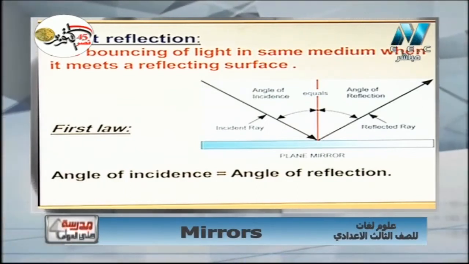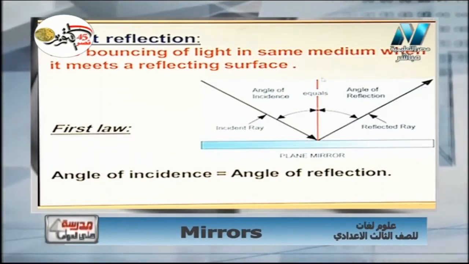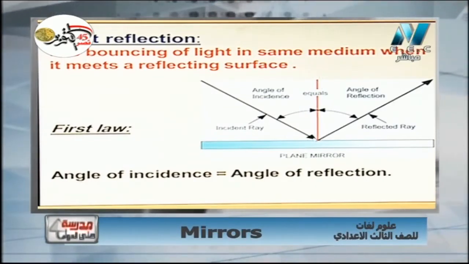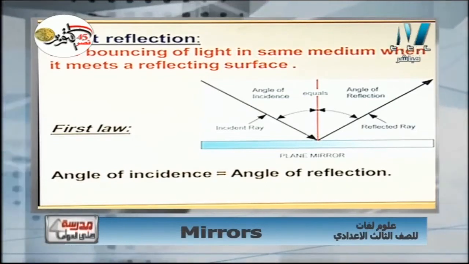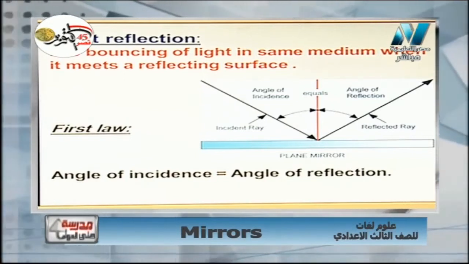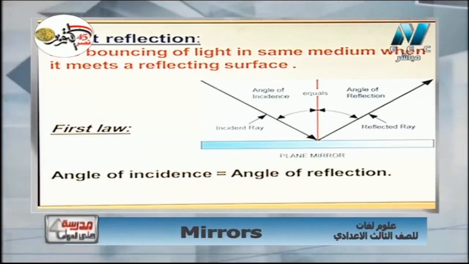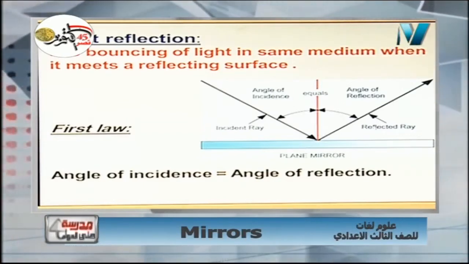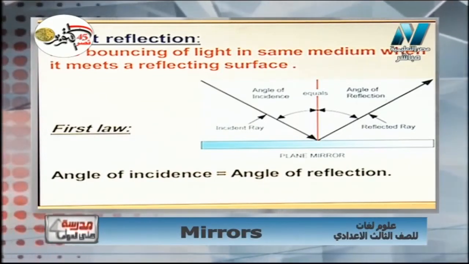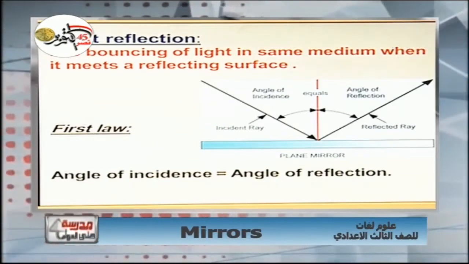We call this the reflected light ray. But what's this line? We call it the normal line or the perpendicular line. From this diagram, we conclude that the angle between the incident ray and the perpendicular line is called the angle of incidence. The other angle, with the reflected ray, is called the angle of reflection. The first law of reflection is angle of incidence equals angle of reflection.